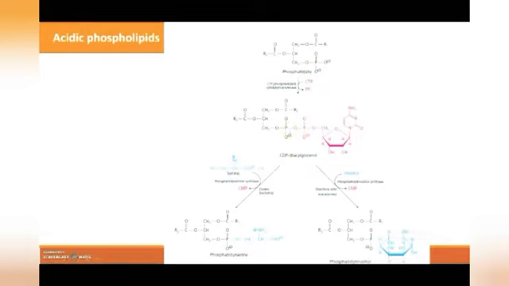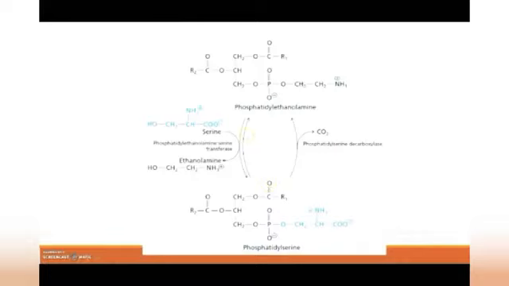Because the P has 6 legs, it will release the phosphate here, or CMP, and the phosphatidylserine is formed. This reaction is for some bacteria, but most eukaryotes use a different pathway to synthesize phosphatidylserine.